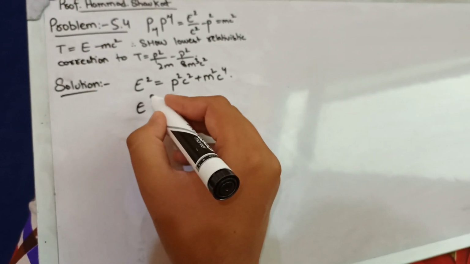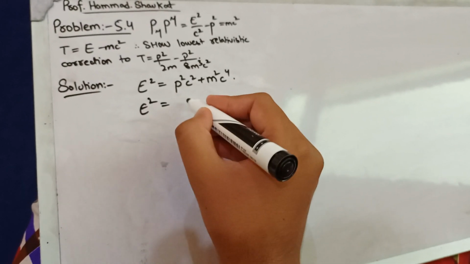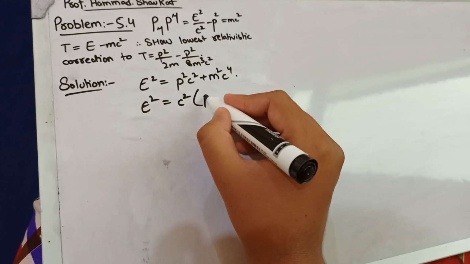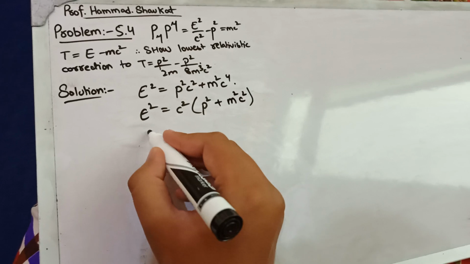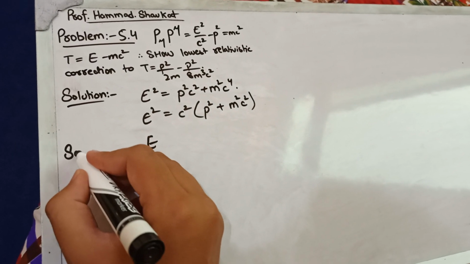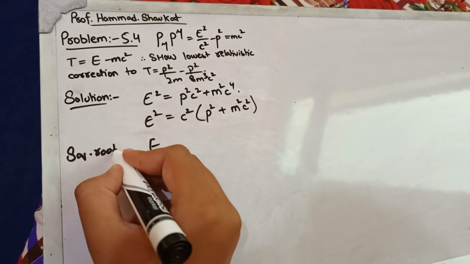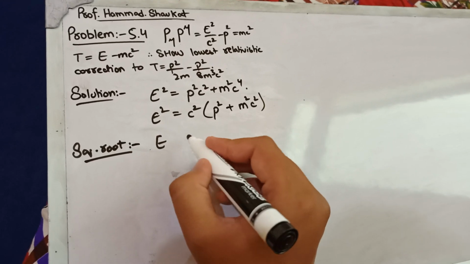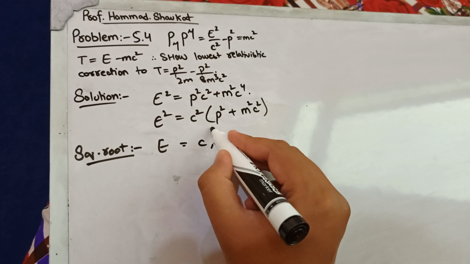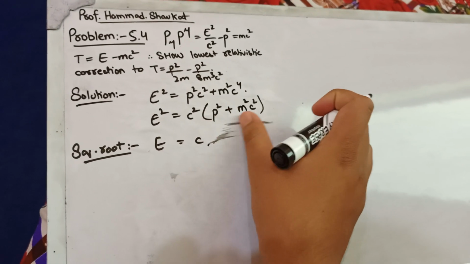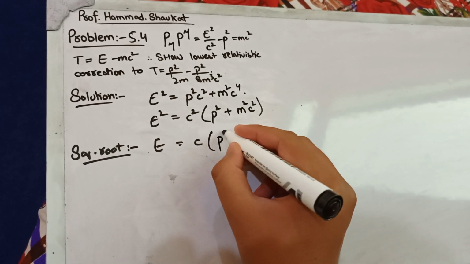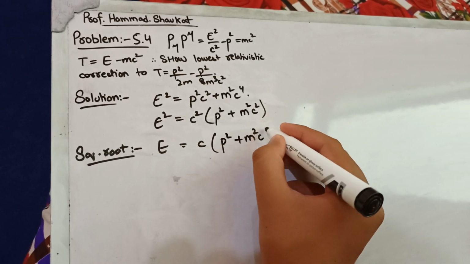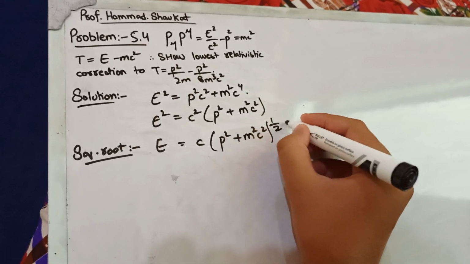E² becomes c² common, p² plus m²c². After taking the square root, E equals c times the square root of p² plus m²c², that is, (p² + m²c²) to the power 1/2.